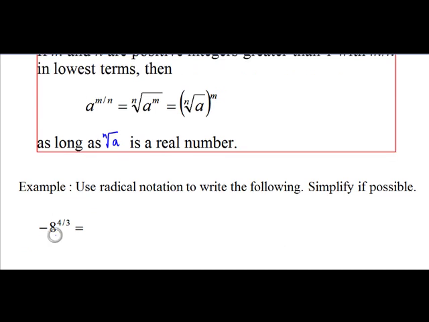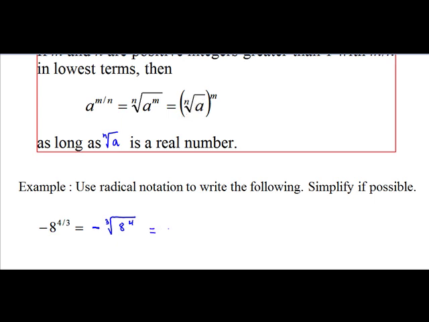I have this example. Now, the minus here means the whole thing is minus. The 8 is actually the base, and the exponent is 4 over 3. So to rewrite this into the radical, the minus, the cube root, the index is 3 here, and 8 to the 4. And then you simplify. Now, to simplify, I will rewrite it like this.